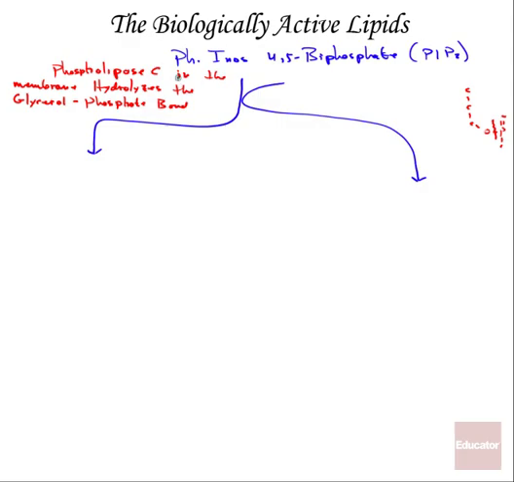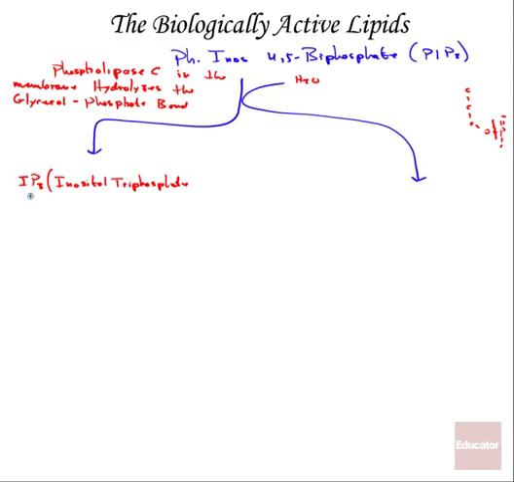So phospholipase C is in the membrane. It hydrolyzes the glycerol phosphate bond. It's actually water that is coming in, and it separates this into two separate molecules. The first molecule that it separates it into is IP3, called inositol triphosphate. It is just the six-membered ring plus the phosphate and the two other phosphates that are attached to it.